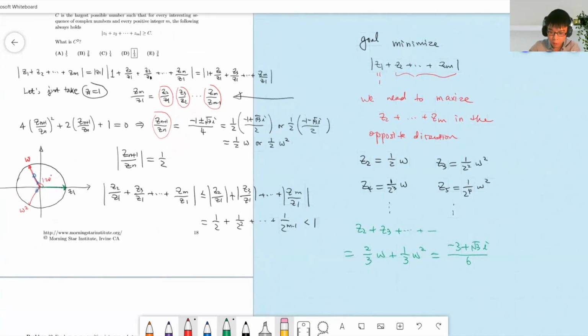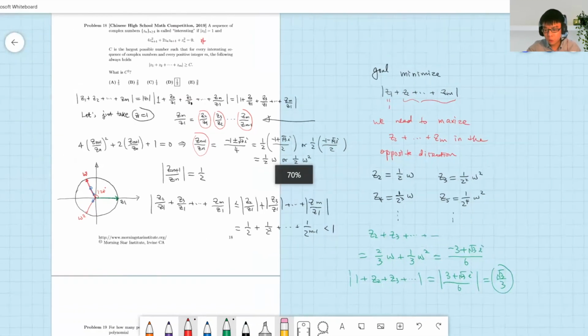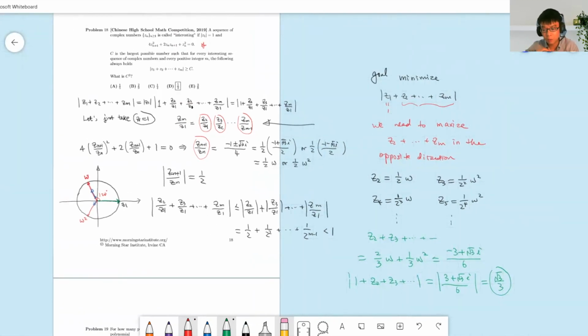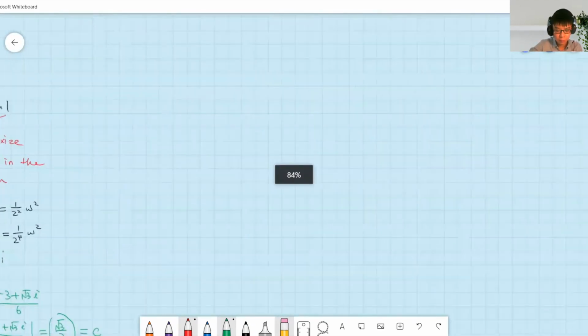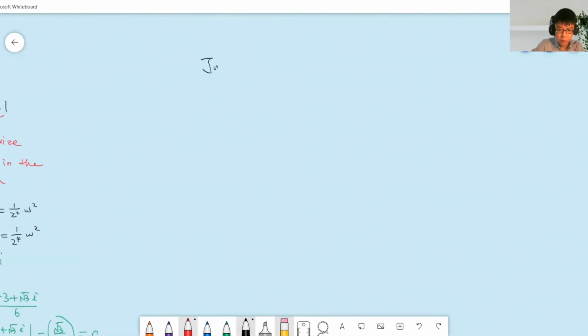And then 1 plus this term is basically 3 plus root 3i over 6. We take the modulus, and this equals root 3 over 3. So our answer based on our intuition is root 3 over 3, so C should be root 3 over 3, and then we square it, we get 1/3. Okay, so the answer is 1/3. And next part, let me give you some justification of why this is always true more rigorously. Okay, let's do the justification.